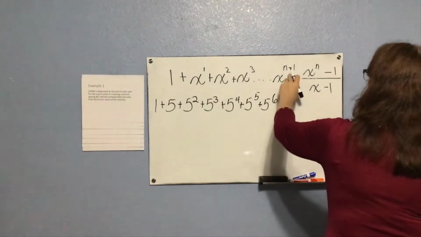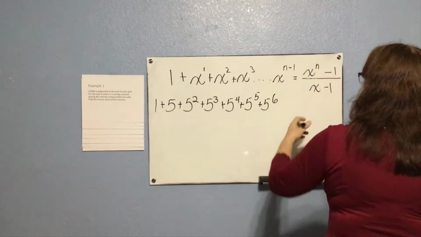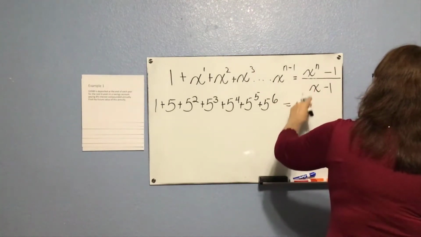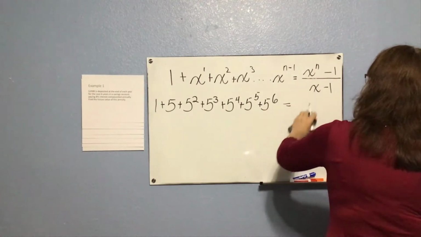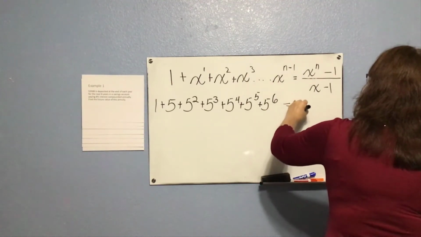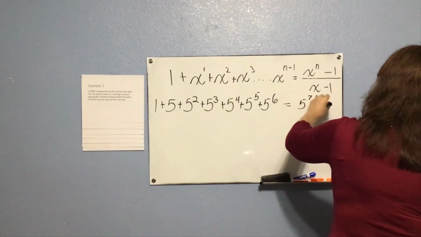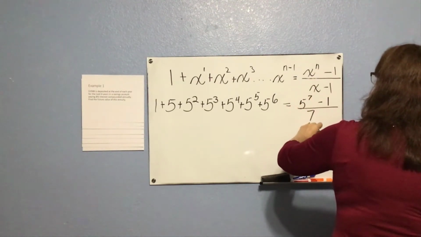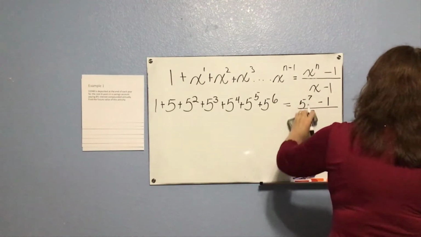So our 6 is n minus 1, which means that our n will be 7. So this is x, not x, 5. 5 to the 7th minus 1 over, I'm sorry, 5 minus 1.